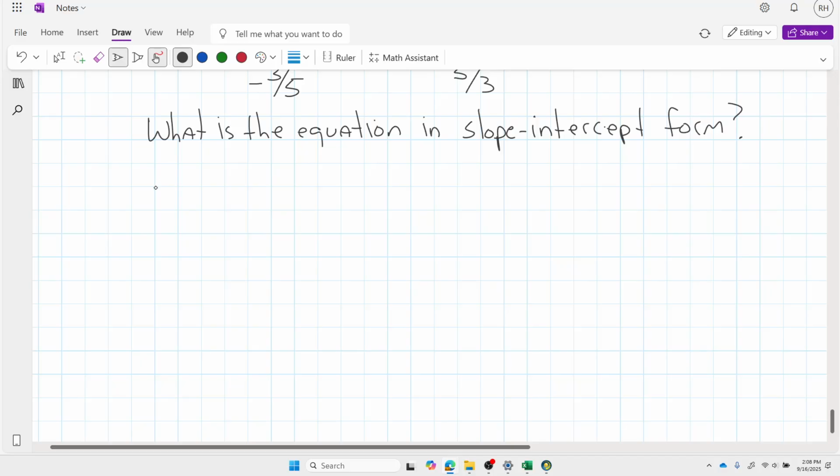And it would be something like parallel to y equals 6x minus 2 through 1, negative 3.